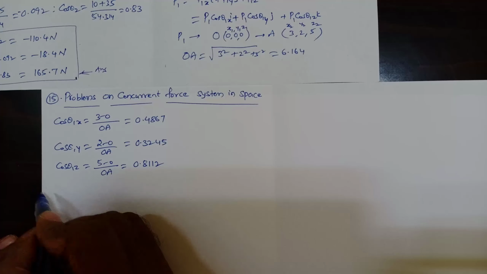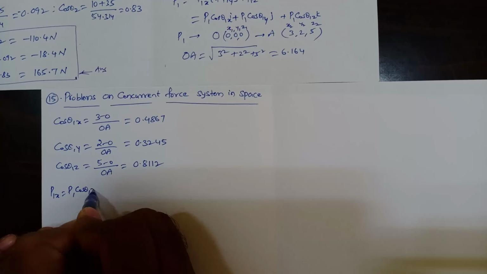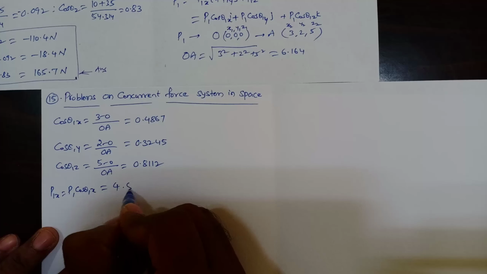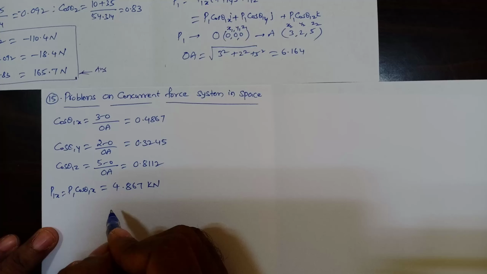Now we can find P1x, which is equal to P1 cos theta 1x, and that value is equal to 4.867 kilonewton, because P1 is 10 kilonewton.